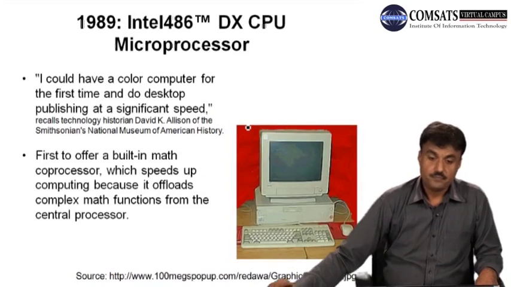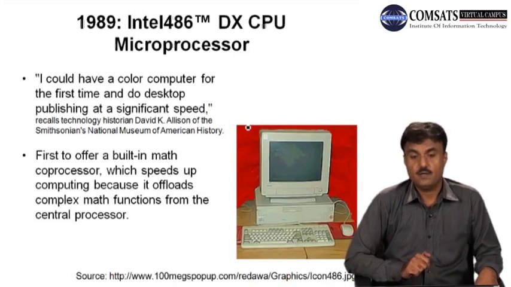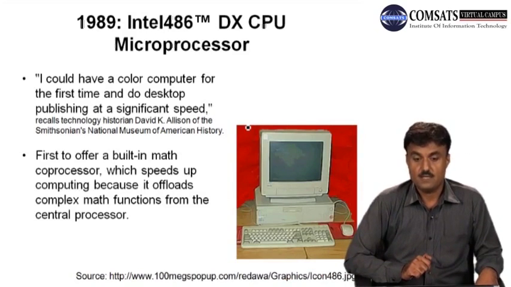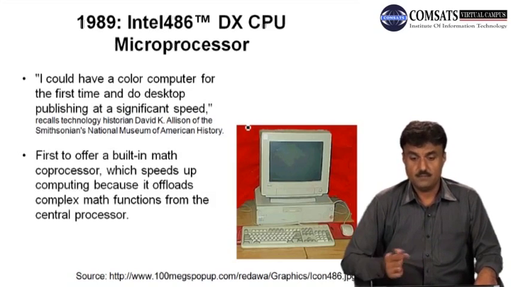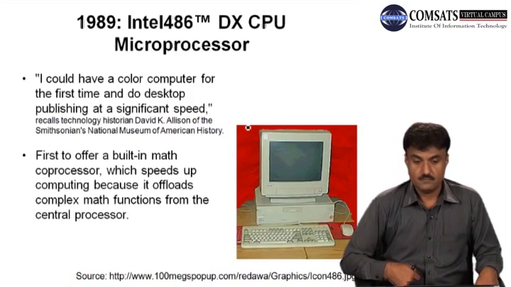Now, after the 386, in 1989 Intel produced a new microprocessor called the Intel 486 DX CPU. So the Intel 486 was the successor of the 386.